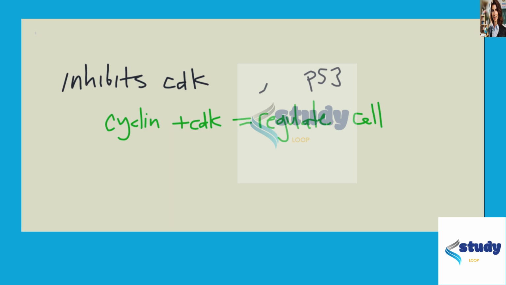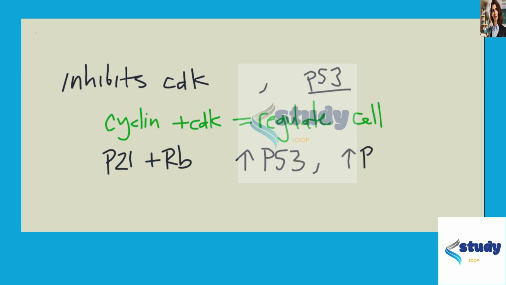Okay, then we go to p21 and RB. And so p21 and RB are also negative regulators, right? So is p53. So all three of those together are negative regulators. And while having more p53 can induce a response in the cell to also produce more p21, p53 is not directly controlling p21.